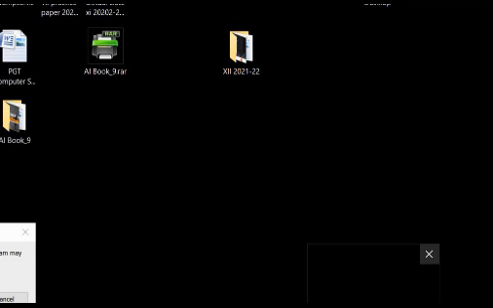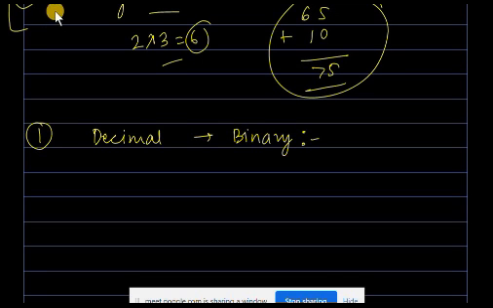Can you see the screen right now? Yes, sir, it is visible, but it goes. Okay. I'm closing the screen. I'm restarting it.